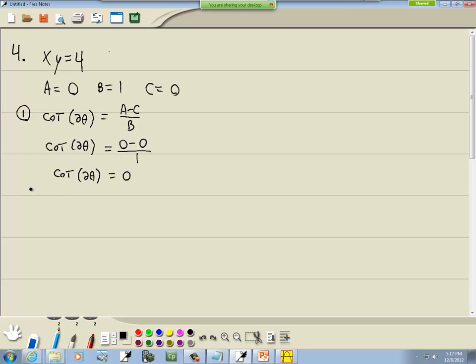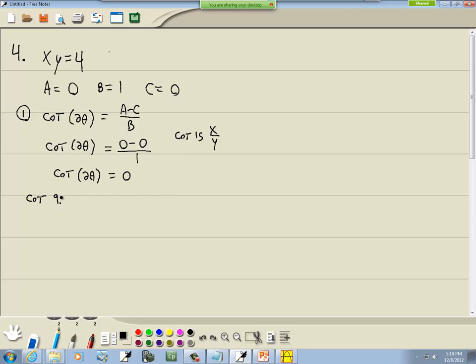Now remember from our unit circle, cotangent is x over y. So I'm thinking, okay, where is cotangent equal to 0? Well, cotangent is equal to 0 when x is 0, because 0 over something gives you 0. Well, x is equal to 0 at 90 degrees.